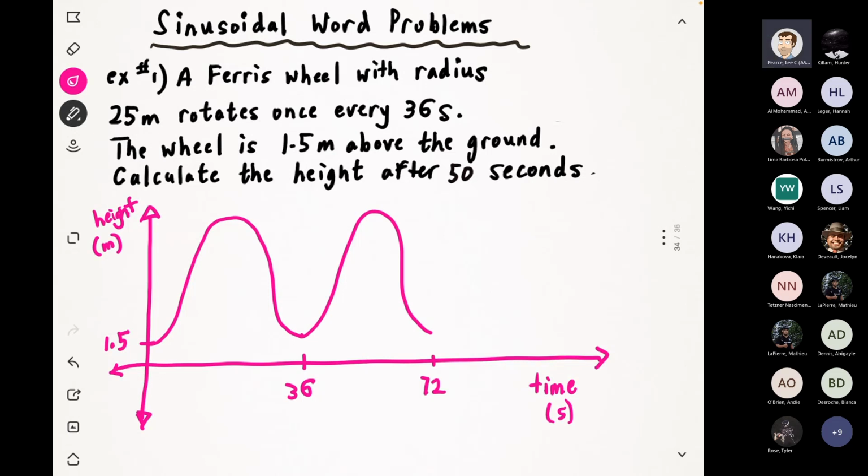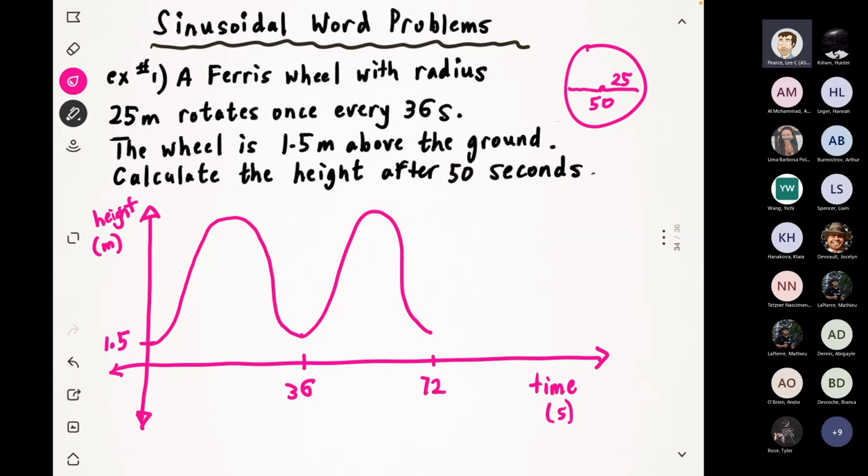What is the maximum height? Okay, the maximum height here, well, the Ferris wheel has a radius of 25 meters. Sometimes they give the radius, sometimes they give the diameter. The diameter is double the radius. So if the radius is 25, then the diameter is 50. So that means the distance between the bottom and the top is 50 meters.